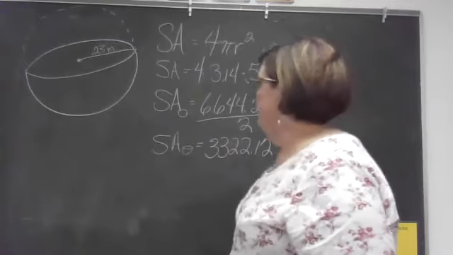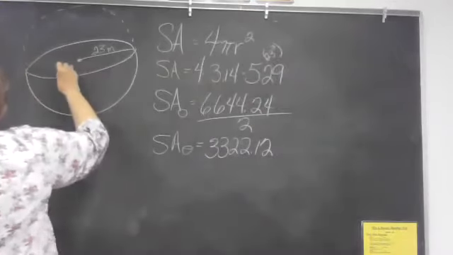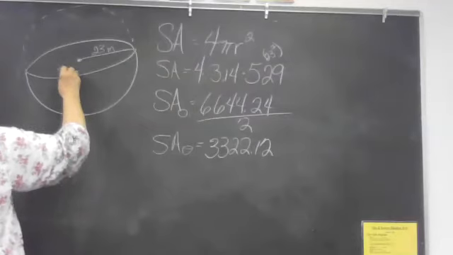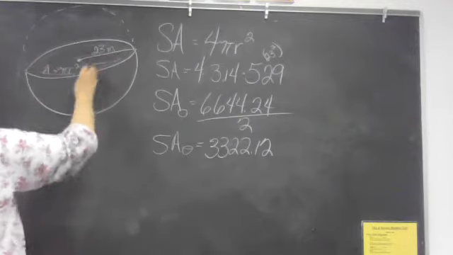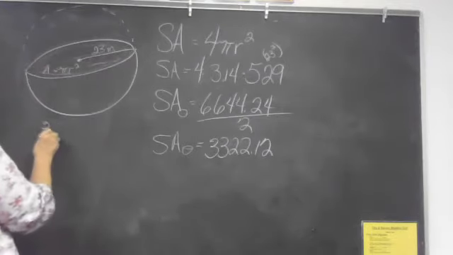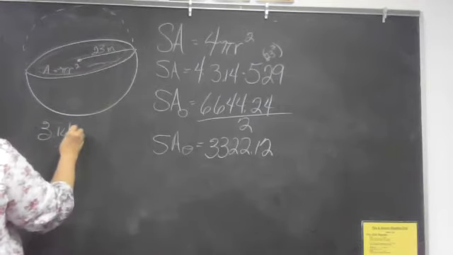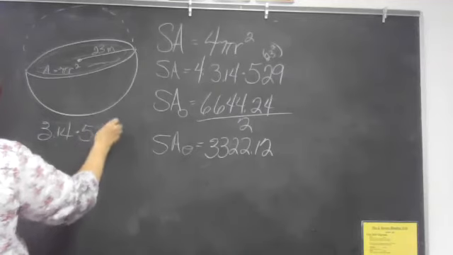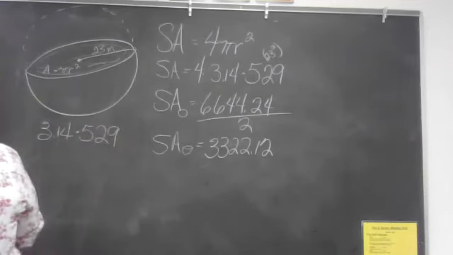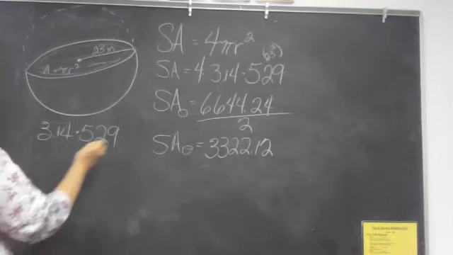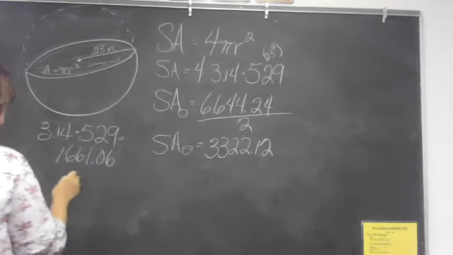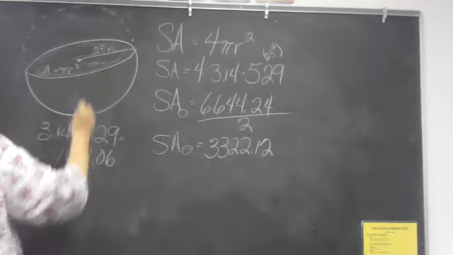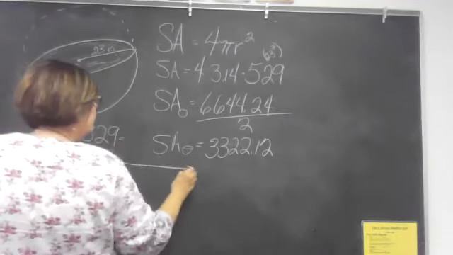So I'm going to have to add the area of this circle, pi r squared, equals the area of this circle. So I have 3.14 times 529. And this equals 1661.06. This is the extra surface that I'm going to need to add here.